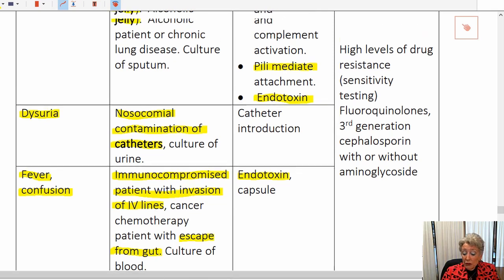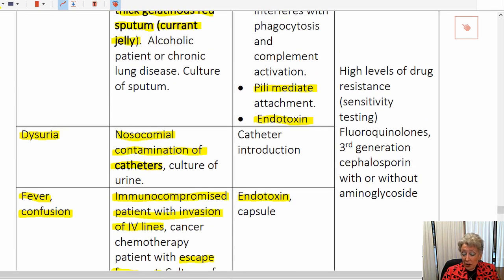Now, notice over in my treatment column that I have the same comment for all of the Klebsiella groups, regardless of what the presentation is. This is a tremendously resistant group.